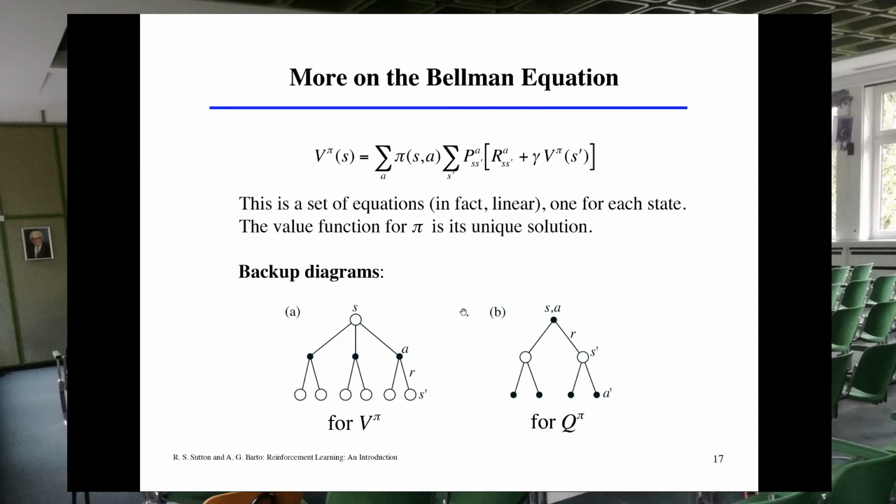Here we can see some diagrams. On the left is a diagram to represent the computation of the value function. So we have a state in this white circle, and then we have some possible actions to be performed. Each of these branches of the tree represents a possible action. If you select some action A, then that will give you a reward and a possible next state.